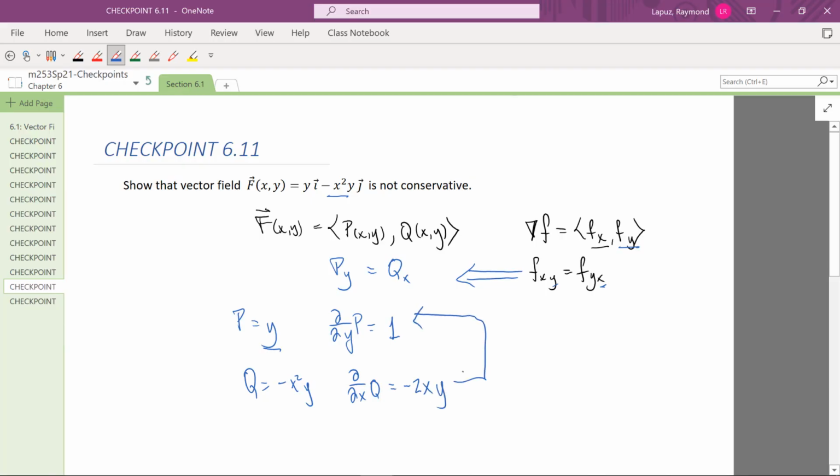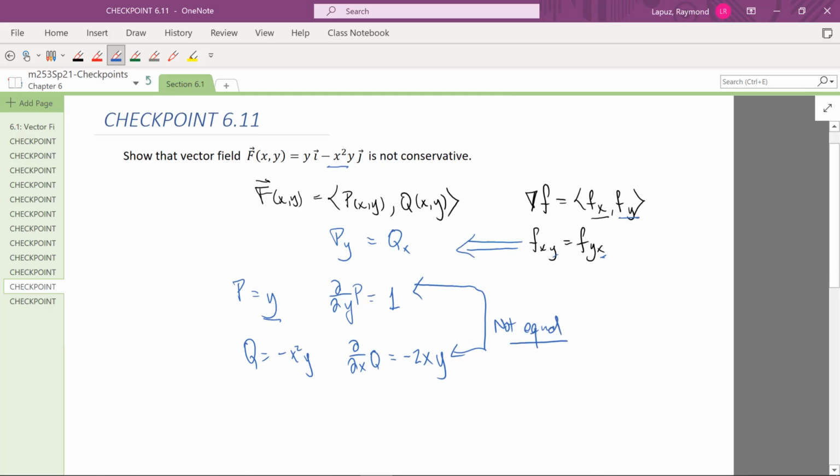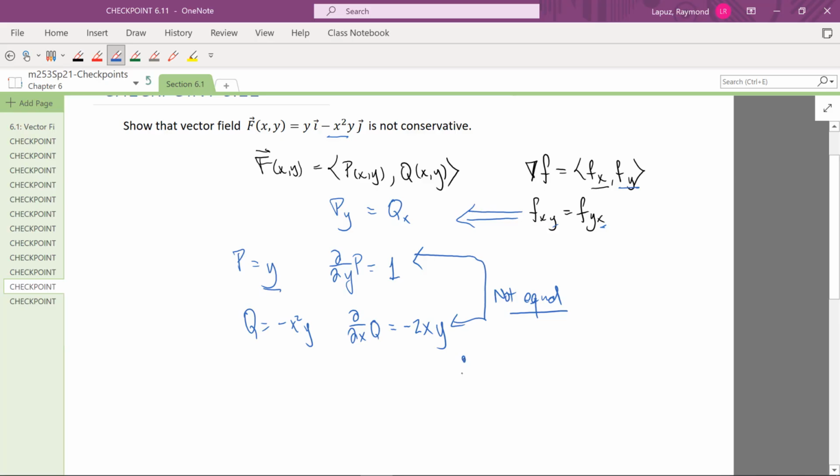And clearly these two are not equal, and then we can conclude, therefore, f is not conservative.